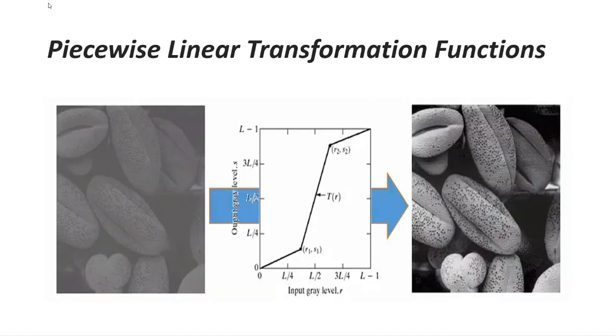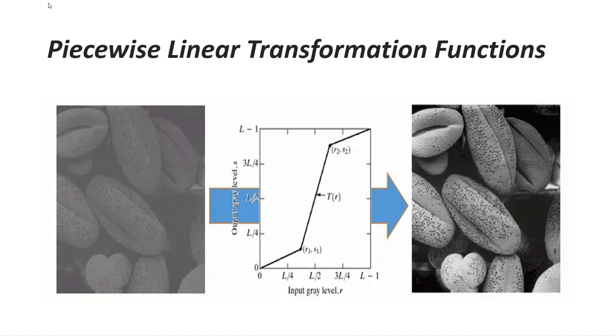Next, piecewise linear transformation functions. Piecewise means that if we have an image that is covered by another layer, the image is unclear, so we use this piecewise linear transformation function. For this we generate one curve. After that processing we get this type of clear image.